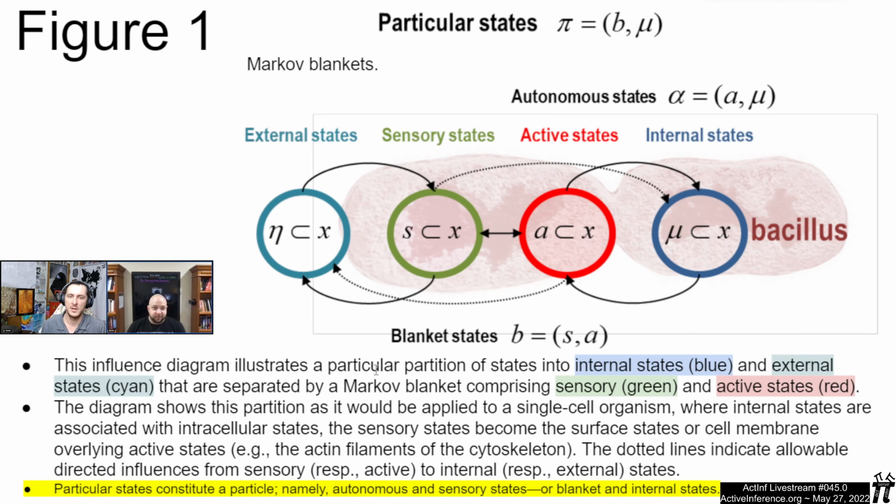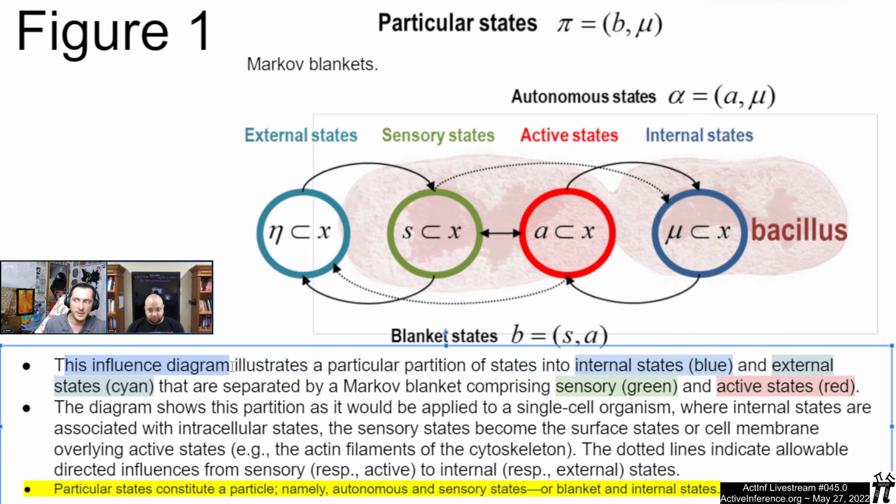So awesome. They wrote in the caption, it's an influence diagram. I believe it's also fair to say it's a Bayes graph, but we're thinking of the arrows as influence and the nodes, the circles, as variables. It's a particular partition of states. Particular is a pun because it's one specific partitioning.